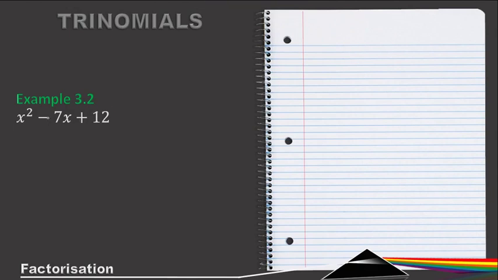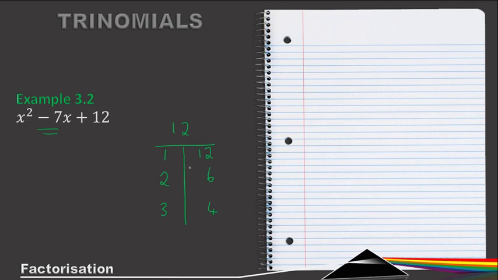Now here we have x squared minus 7x plus 12. So once again, I'm going to take 12 and break it up into its factors. So I have 1 times 12, I have 2 times 6 and 3 times 4. All right, and I need to get negative 7. So adding these two is 13, subtracting them is 11.